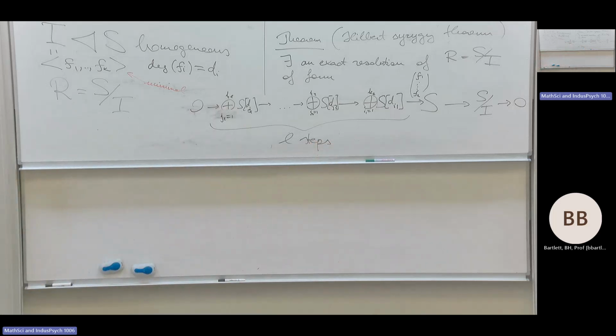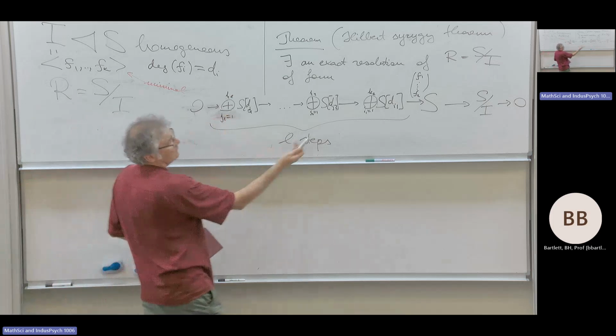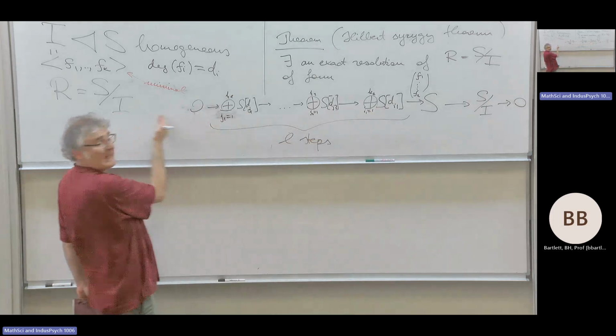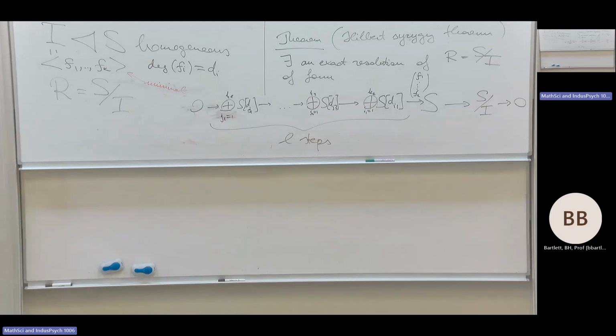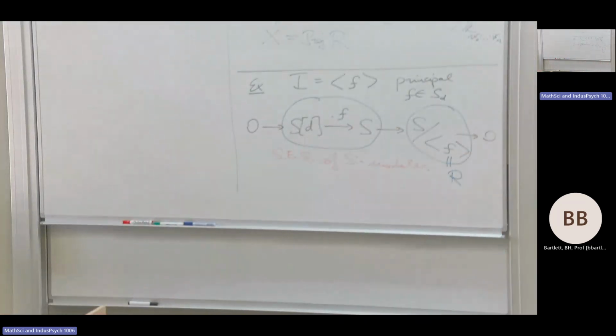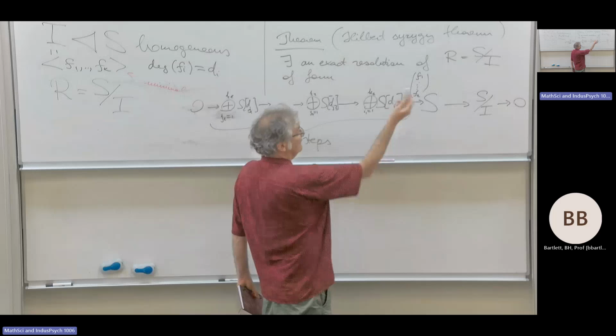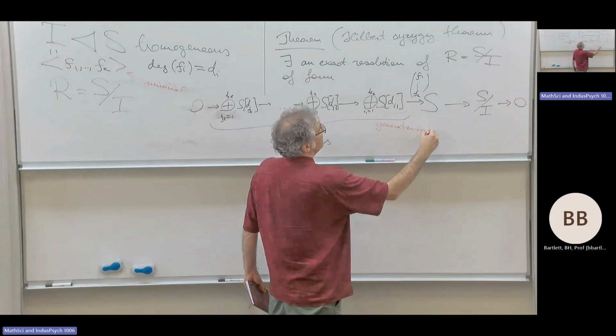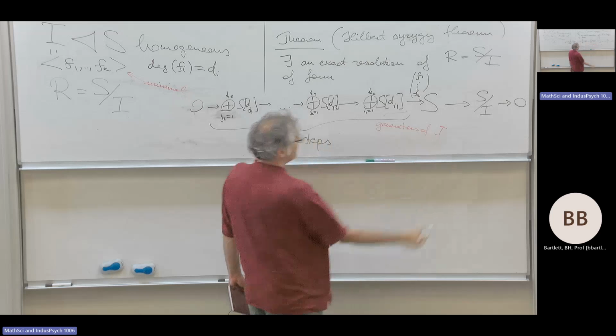So even though you can't get away with just a one-step thing, and there are some modules to add, the theorem says that after a finite number of steps, you've built a resolution. I'll give examples in a minute. This first step, as we've seen, is where the generators of the ideal sit.